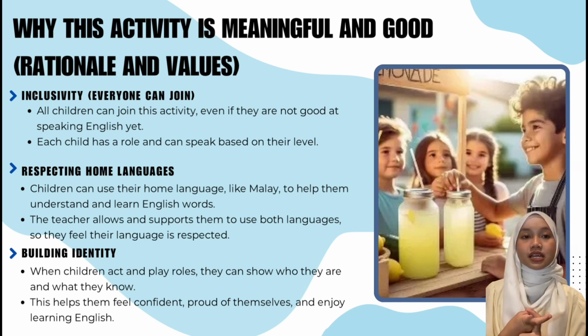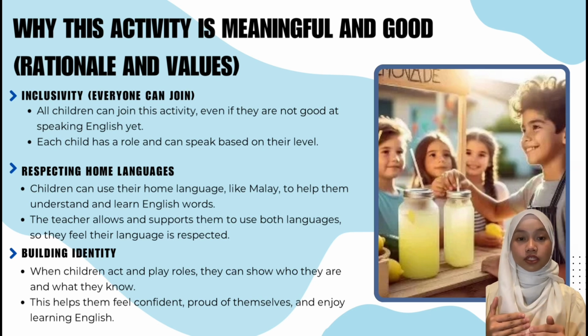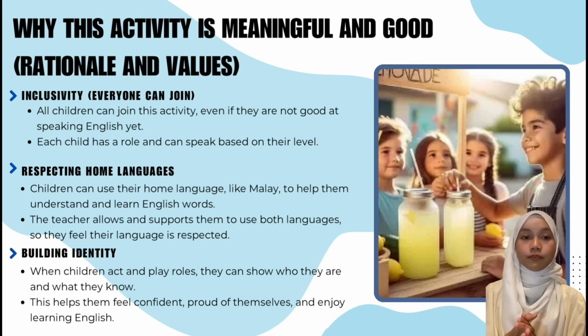The second reason is because this activity respects home language. Sometimes children may not know how to say something in English, so they start with their first language like Malay. For example, they might say, "Saya nak pisang." The teacher doesn't stop them.